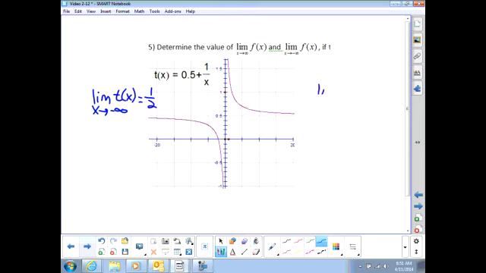Our limit as x approaches positive infinity of t of x is also going towards 1/2. So this is a case where our limits going to negative infinity to the left and positive infinity to the right are the same value.